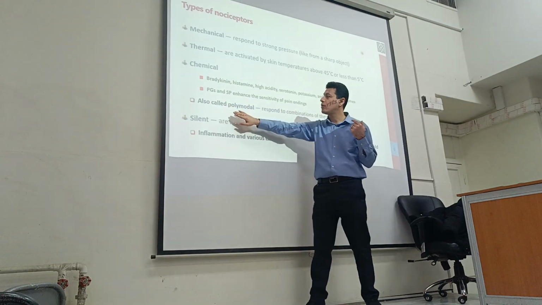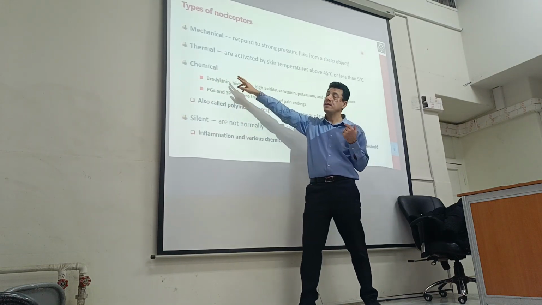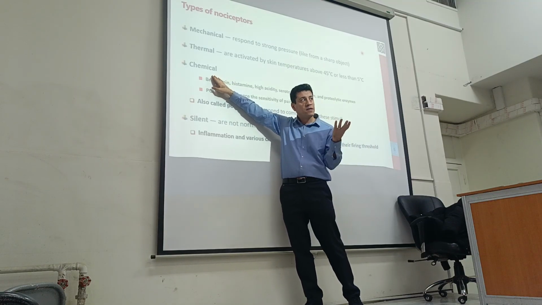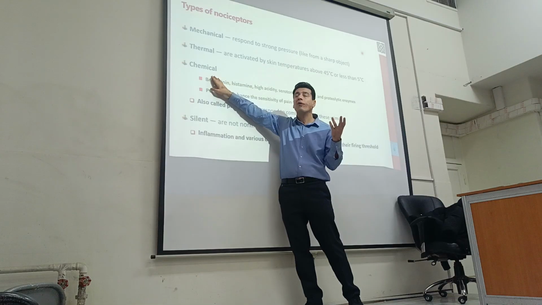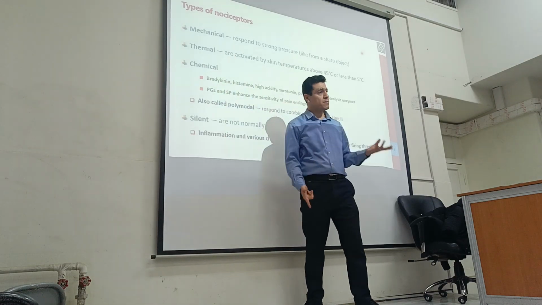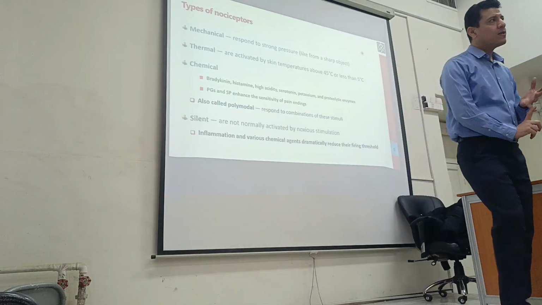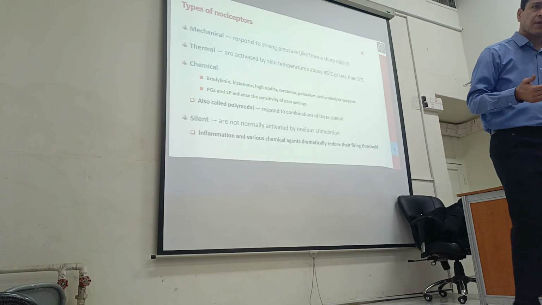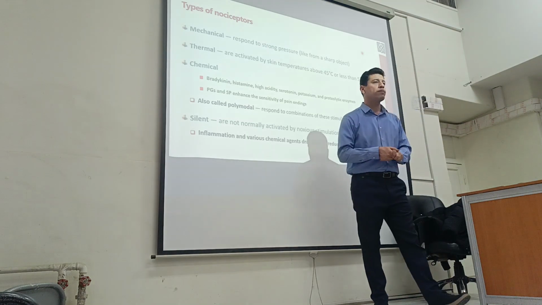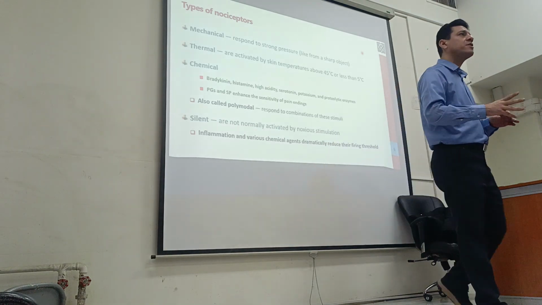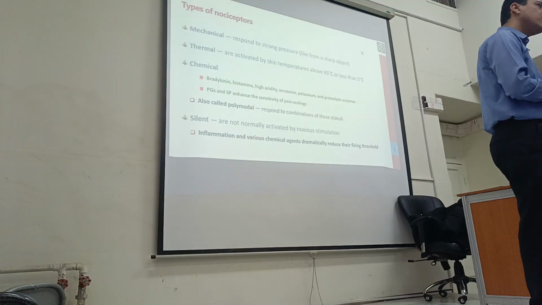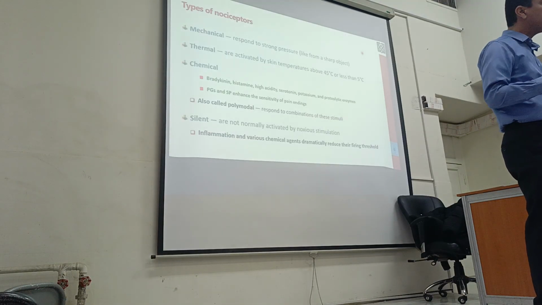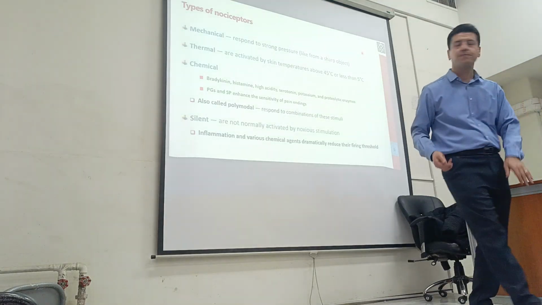They are sometimes called polymodal. Why? Because they are activated by chemicals and also by thermal and mechanical damages. So thermal nociceptors are only activated by extremes of temperatures, right? Mechanical nociceptors are only activated by mechanical damage, but chemical nociceptors are activated by chemical substances and thermal and mechanical damages, right?